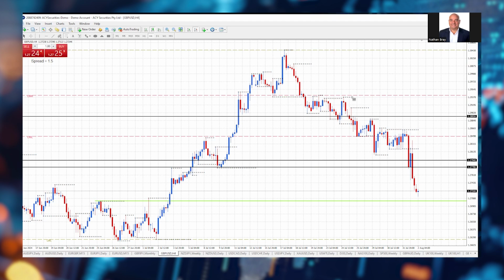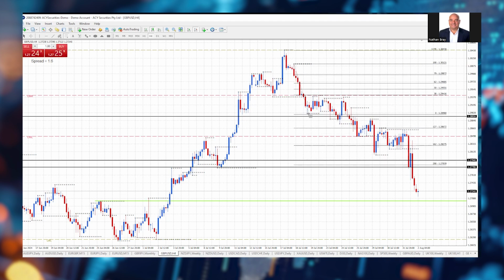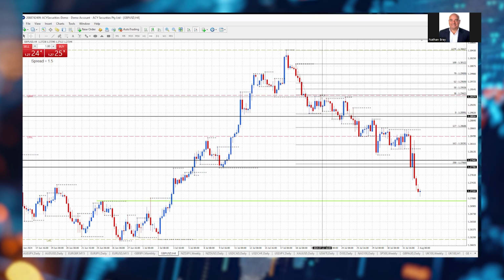So if I was to use the 4-hour and I drew in my fib tool from the most recent sort of top area to bottom, you'll notice that it only rallied up to the 38, it didn't get up to the 62. Okay, so therefore, based on the strategy, as much as price did continue lower, it wouldn't have set up in this case.